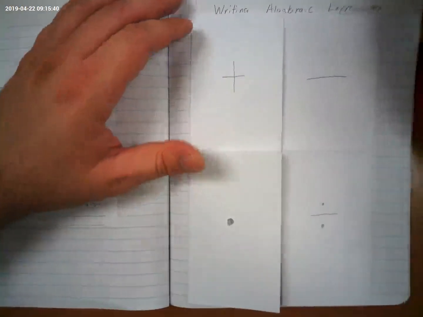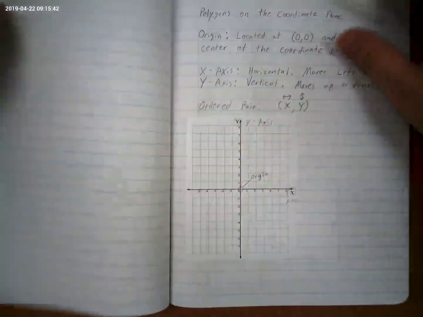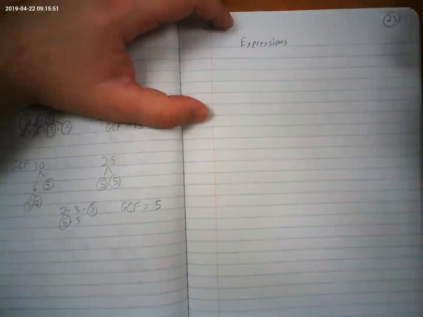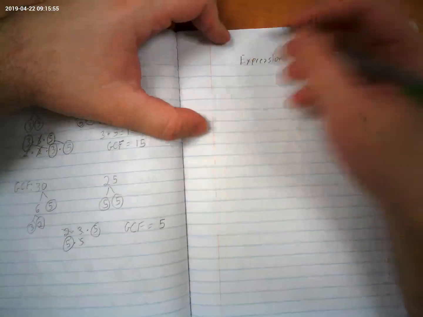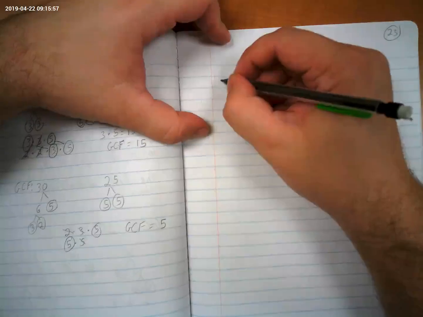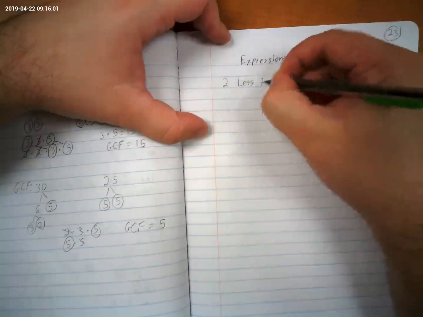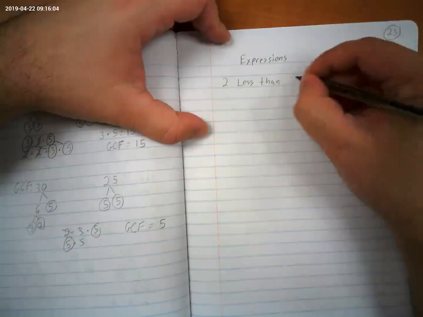All right, so let's go back to our page here and go over some of the things I'm going to be asking you to do this week. So, for numerical expressions, you're going to get questions like, they're going to say something like 2 less than 5.